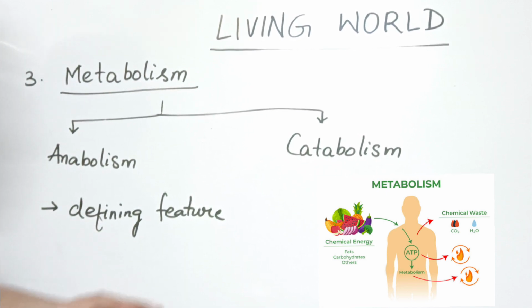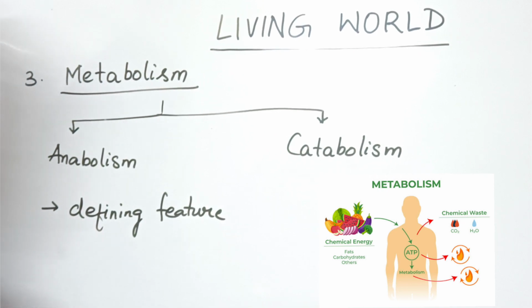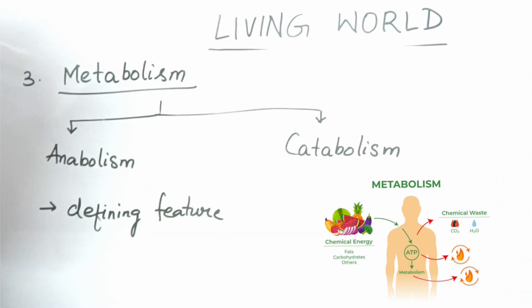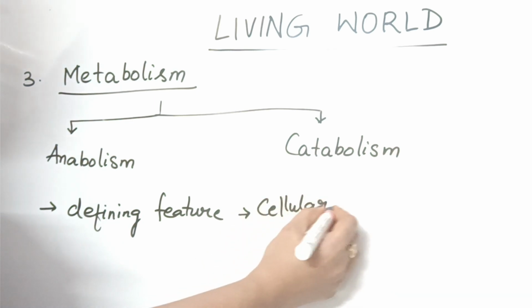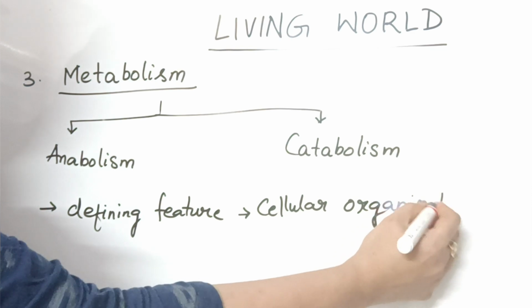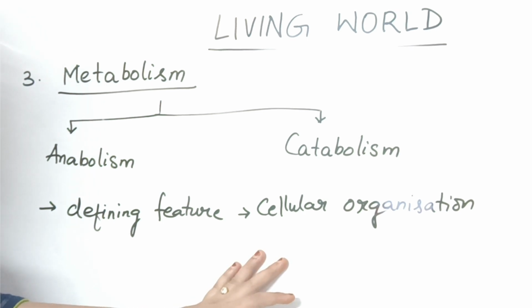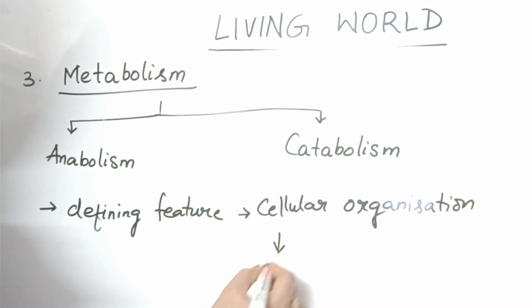In multicellular organisms, all the cells will have cellular organization. This cellular organization, which is carrying out all the metabolic reactions, is a defining feature in all the living organisms. They are all made up of chemicals.